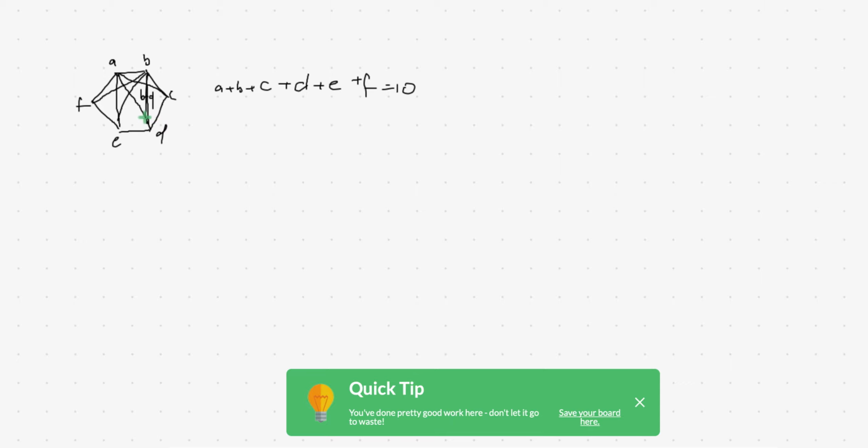And then what we do is, for each point, we replace A with the sum of the products of the 5 lines that connect it.